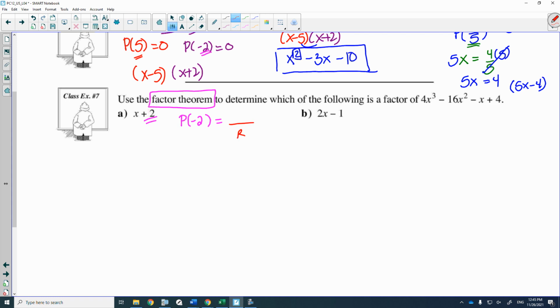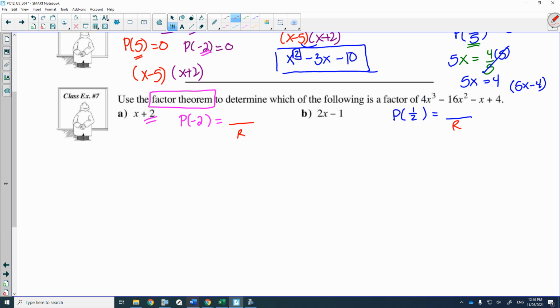So we're going to input p of negative 2, and this one would be p of 1/2. Whatever the output is, that's the remainder. One of these is a factor and one is not. The one that's the factor will have a remainder of 0. The other one, if it's not a factor, will have any number other than 0. So I could input negative 2 every time I see an x, and then recalculate it and input 1/2 every time I see an x.